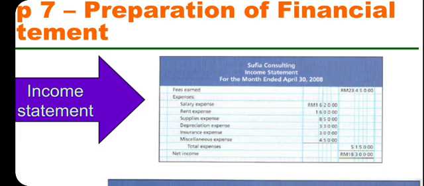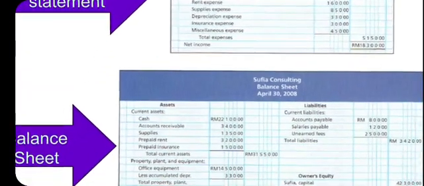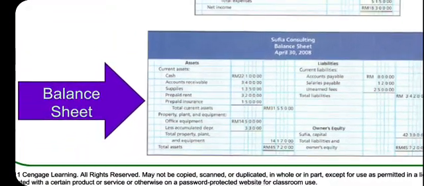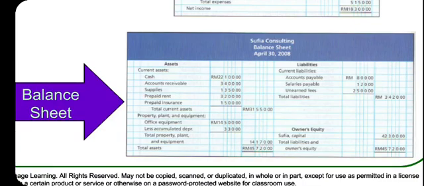And then the second statement that you have to know how to prepare for this course is the balance sheet. So we use this format, the very basic T format balance sheet.